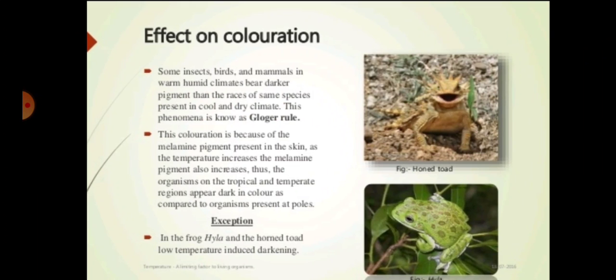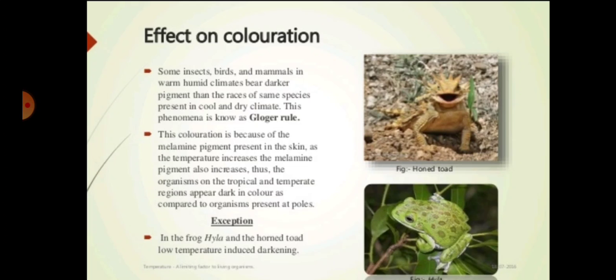Let us discuss the effect of temperature on the coloration of the organisms. The size and coloration of animals are subject to influence by temperature. In warm, humid climates, many animals like insects, birds and mammals bear darker pigmentation than the races of some species found in cool and dry climates.